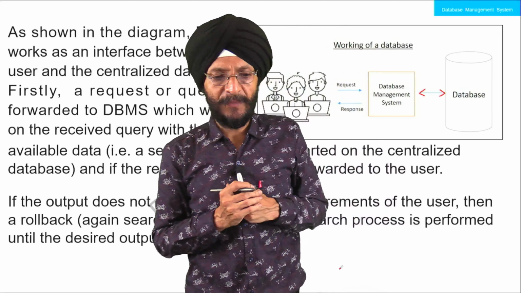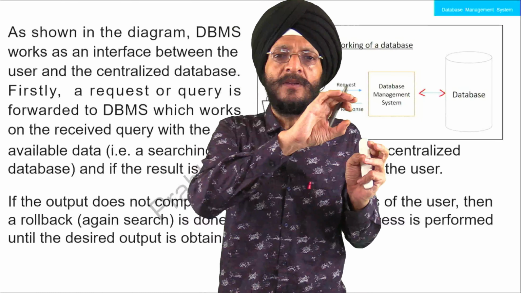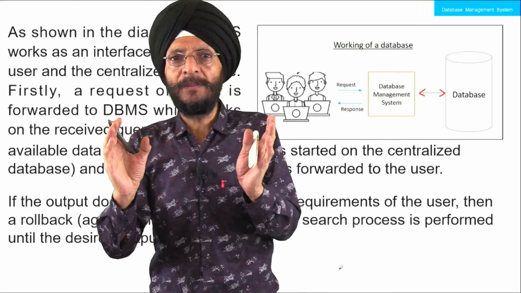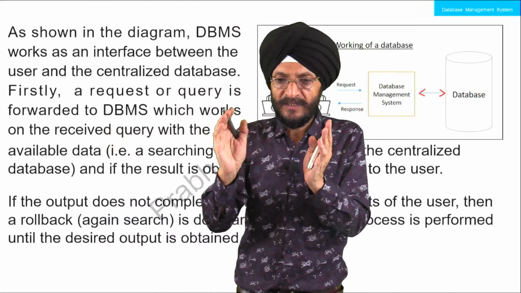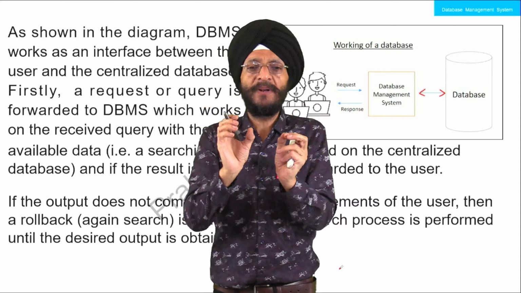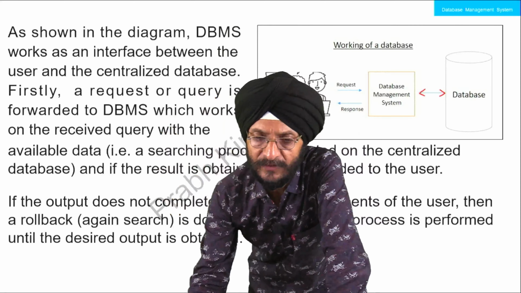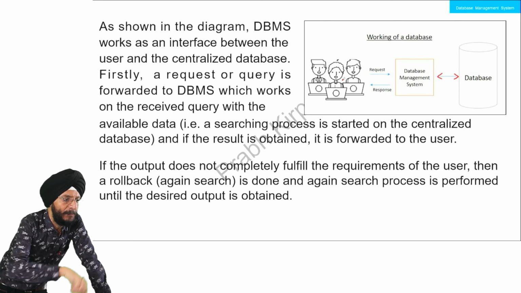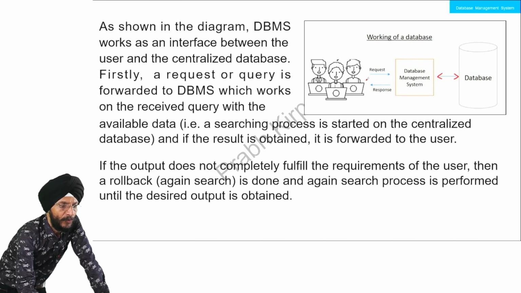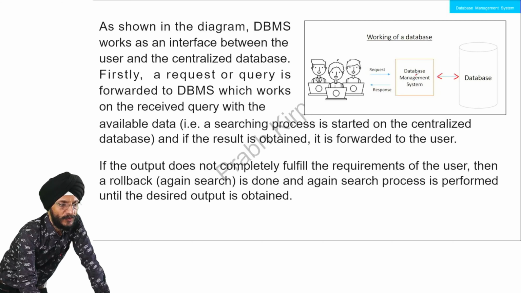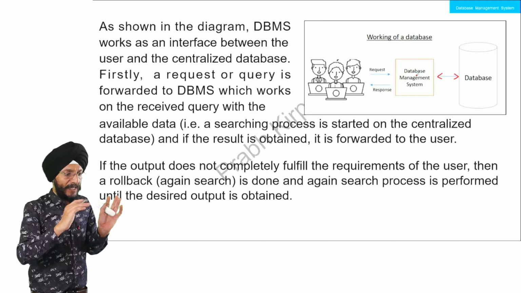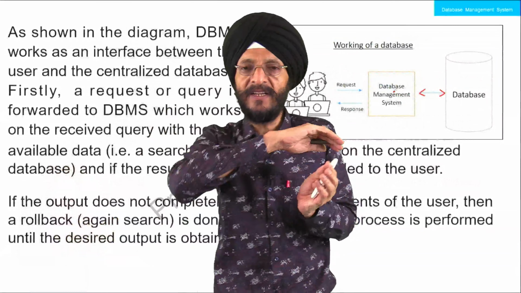As shown in the diagram, now we are showing the working of the database in somewhat simple form, in picture form. These are the users, that is, we general people. When we want something, we make the request. The request goes to the database system. Database management system or DBMS interacts with the database.